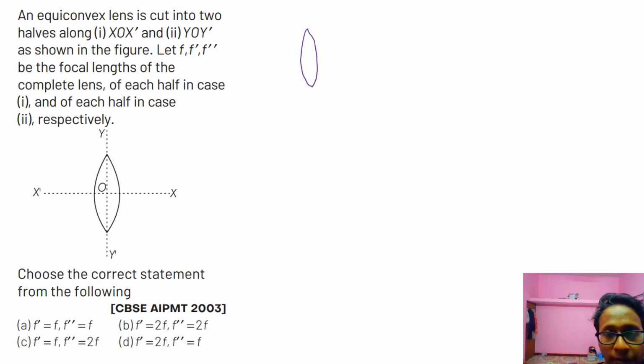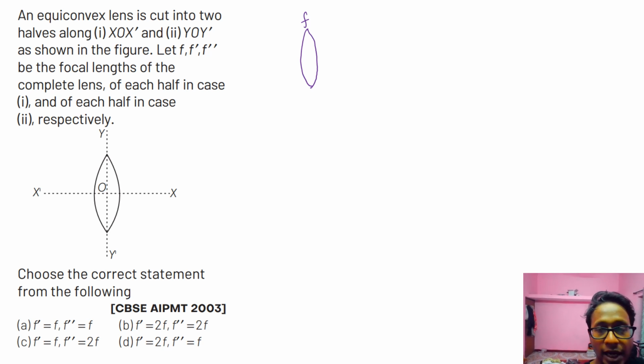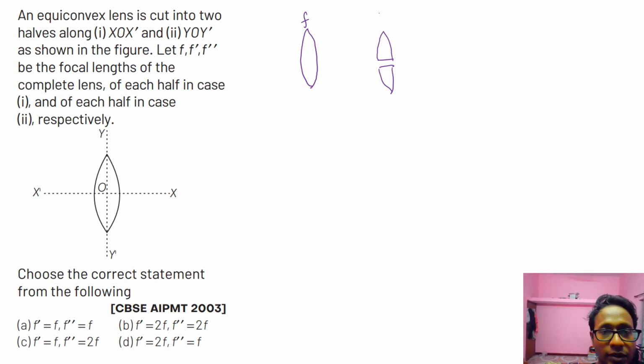That means what the question is saying is, this is a lens, the focal length of this lens is f. Now if I cut the lens in half along xox, then the focal length out here is f dash.